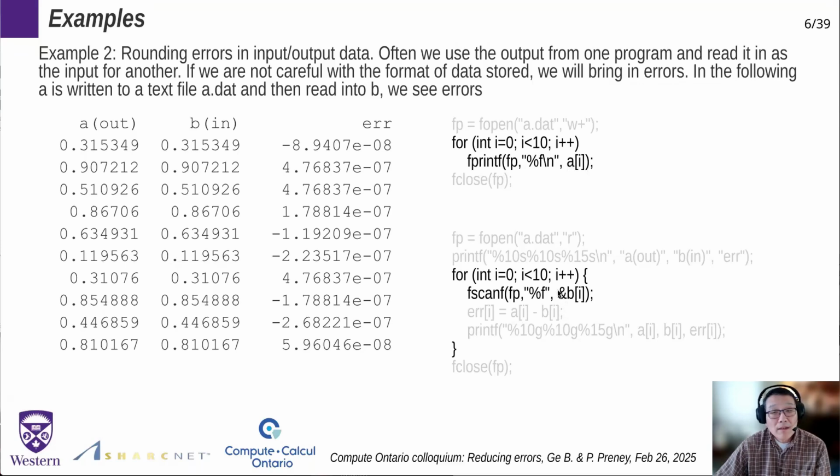And then we read the data in from this text file and store it in array B. Now they look identical with this format. They look identical, but if we compute the errors element-wise and present them side by side, we see that although A and B look identical, we do see the error, and the error is not small.